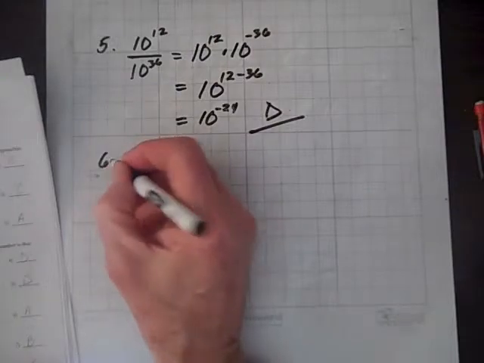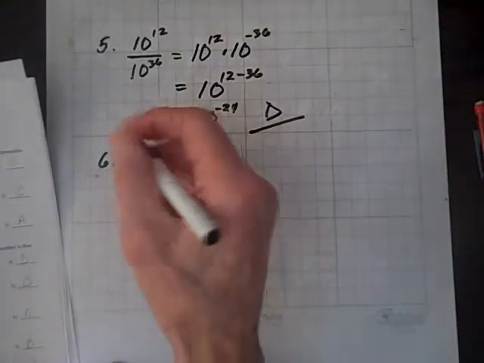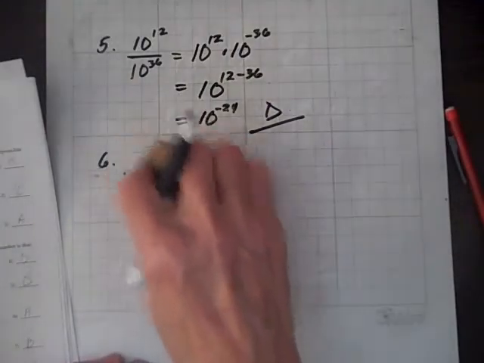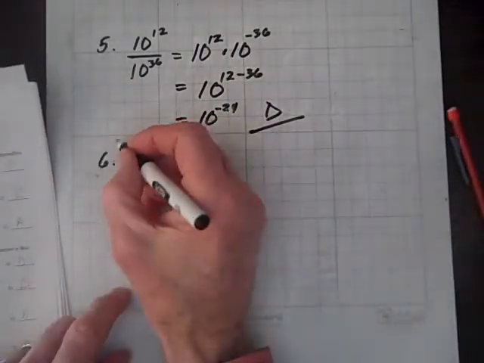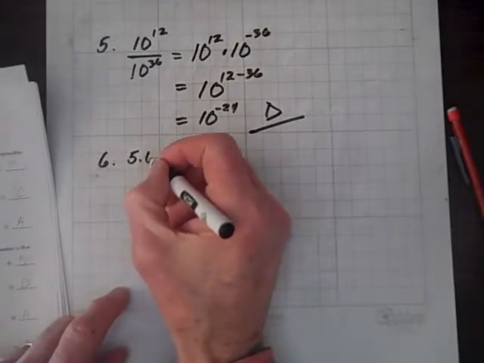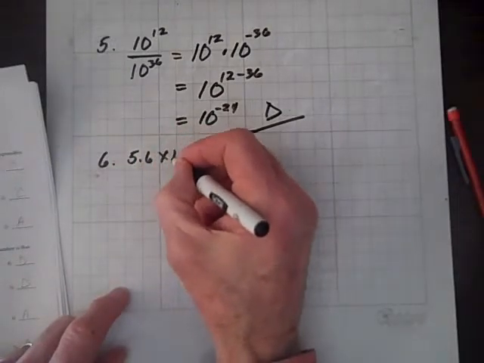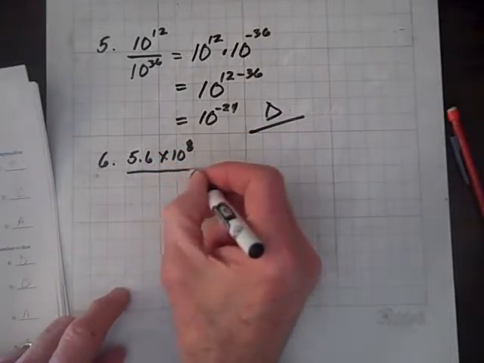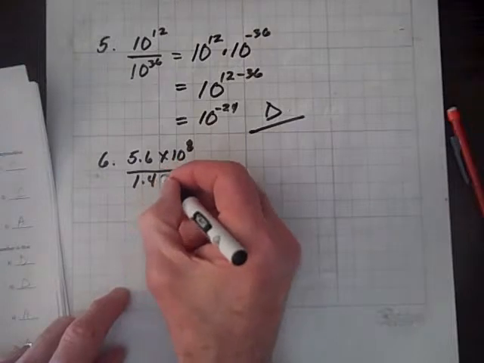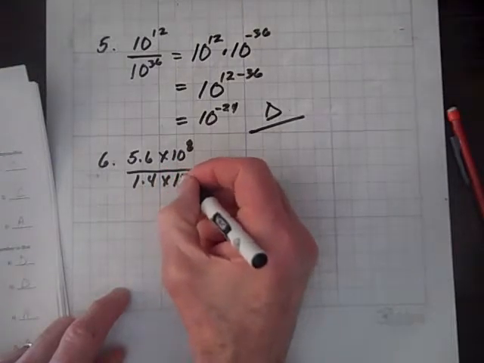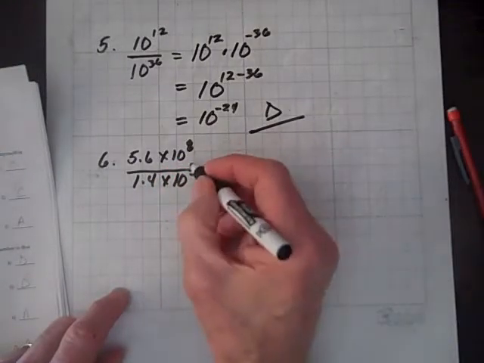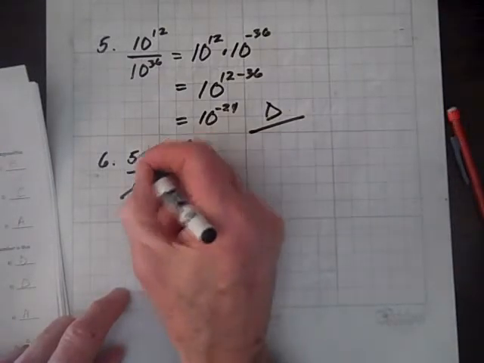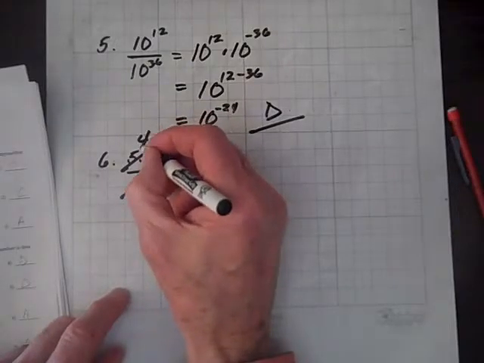Now for 6, we have 5.6 times 10 to the 8th, and we're going to divide by 1.4 times 10 to the negative 4, and now 1.4 goes into 5.6 4 times.